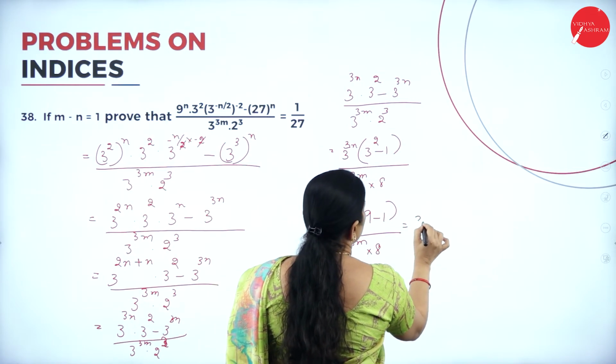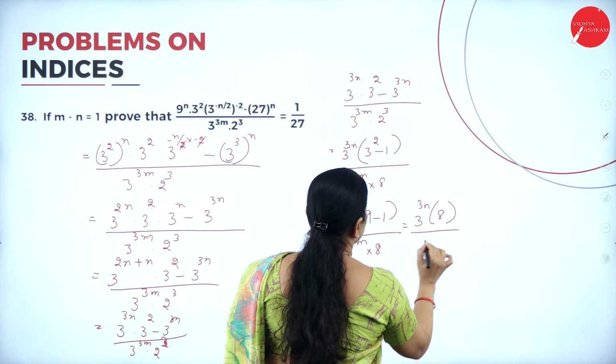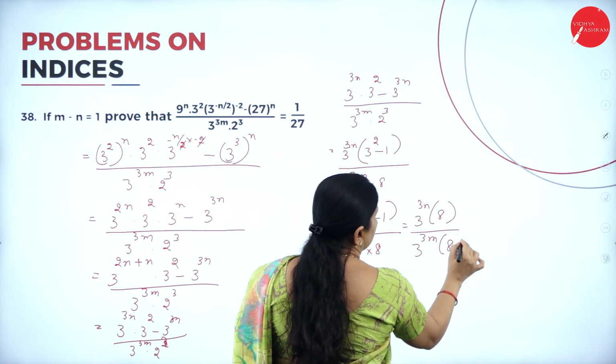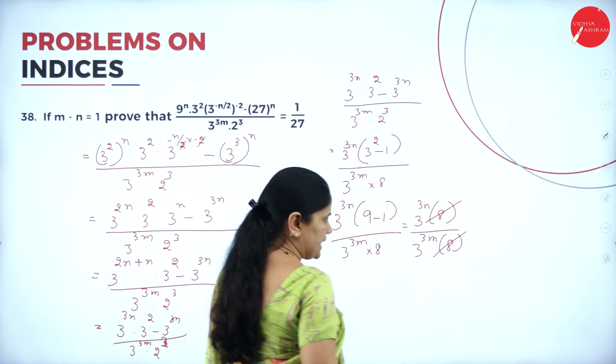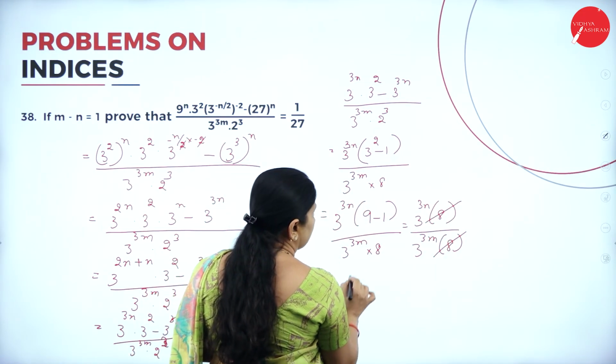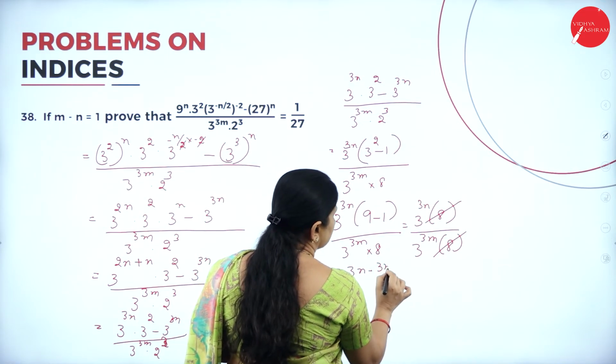So this will be equal to 3 to the power of 3n by 8, 3 to the power of 3m by 8. Now 8 and 8 gets cancelled. So in the next step, I will write 3 to the power of 3n minus 3m.